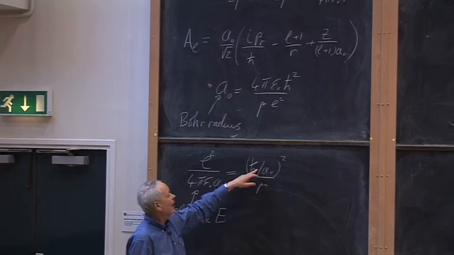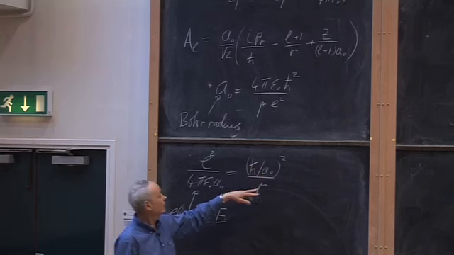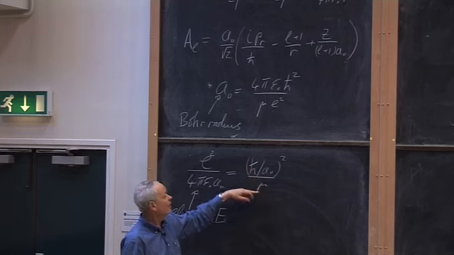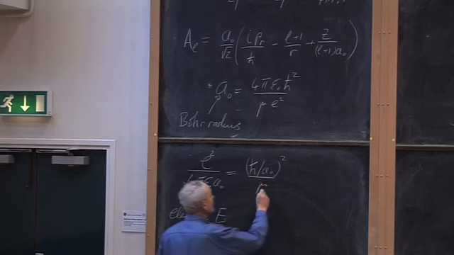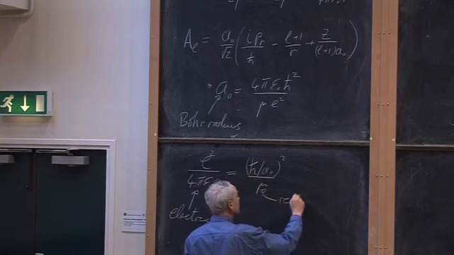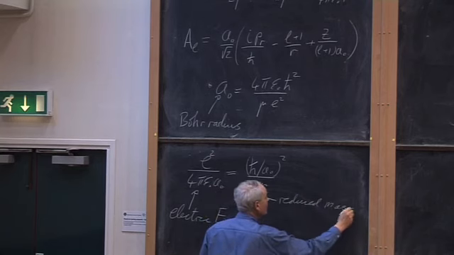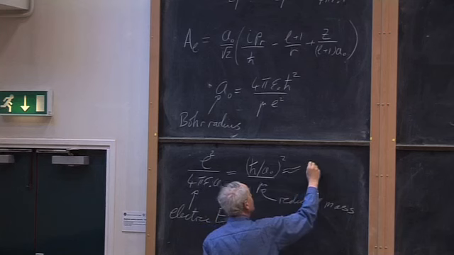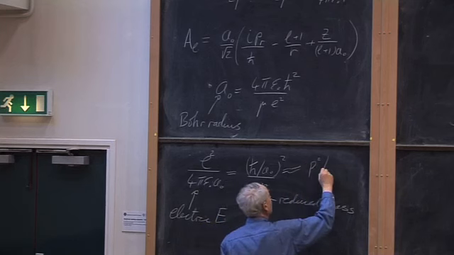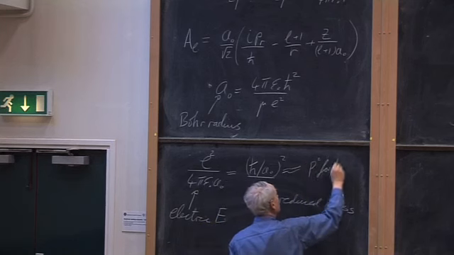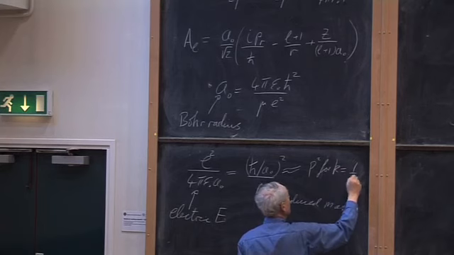Well, h bar k is momentum, right? So this is more or less p squared over mass. This is the reduced mass, recall, more or less the mass of an electron. So what we have on the right-hand side is p squared, well, it is p squared for k equal to 1 over a0.